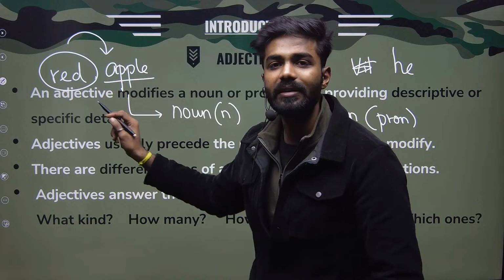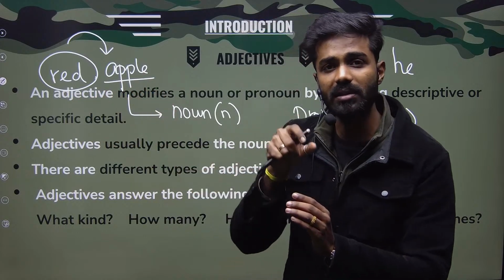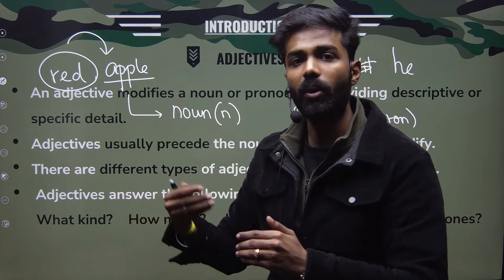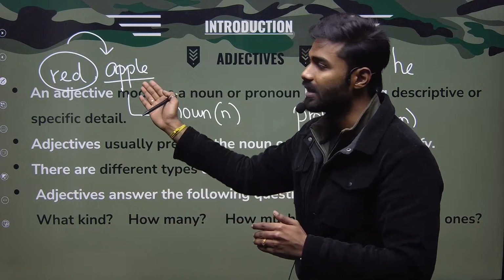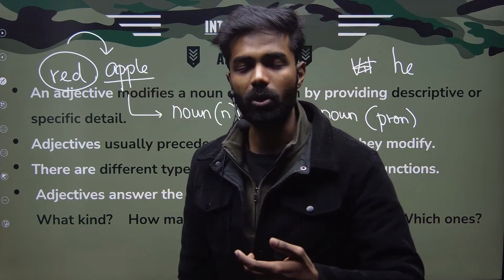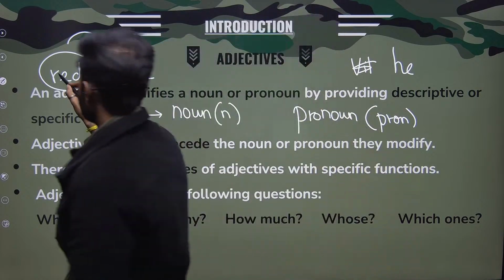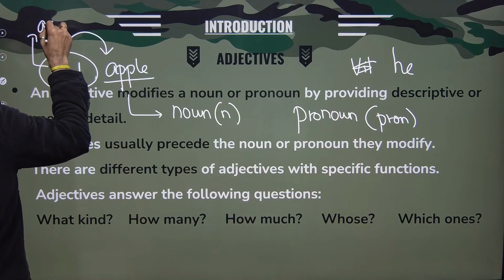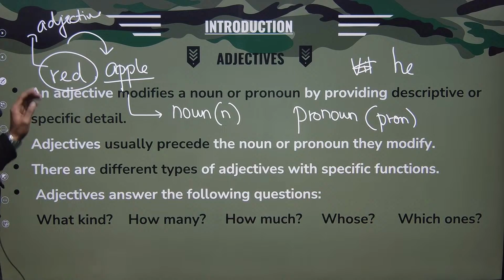Here, red is an adjective. Why is red an adjective? Because apple is my noun, and this red is adding a quality, or a specification, or changing the meaning. So it is giving extra information about this apple. So red is my adjective.